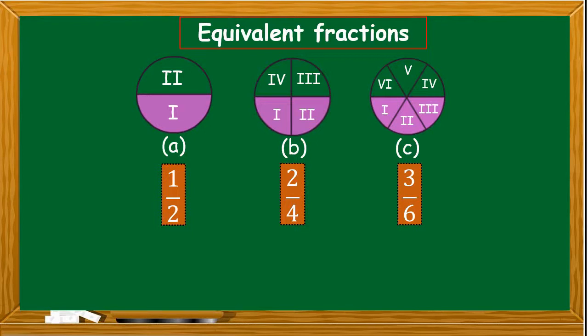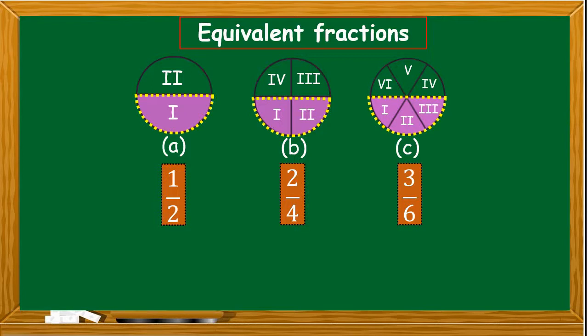Now here 1 upon 2, 2 upon 4 and 3 upon 6, all these fractions represent half part of the whole circle. It means that the value of all three fractions is the same.